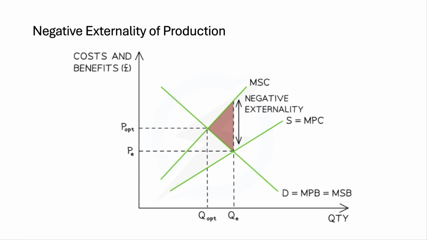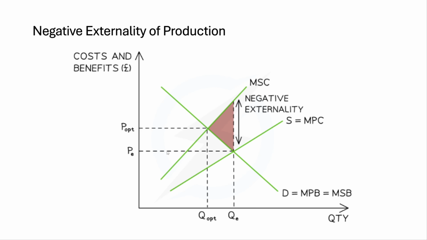The first diagram we will be analyzing is the negative externality of production diagram. So what we see is that the margin, this basically stands for marginal private cost, marginal private benefit, marginal social benefit, and marginal social cost. As we see, there is the Q-opt, which stands for the socially optimal quantity, and the QE, which is the equilibrium quantity.